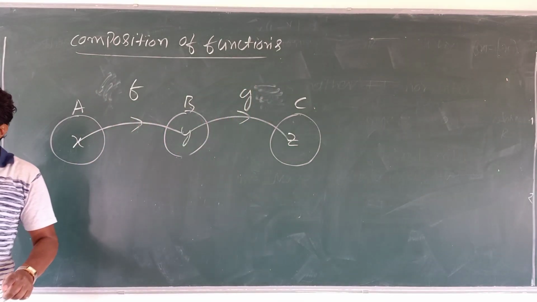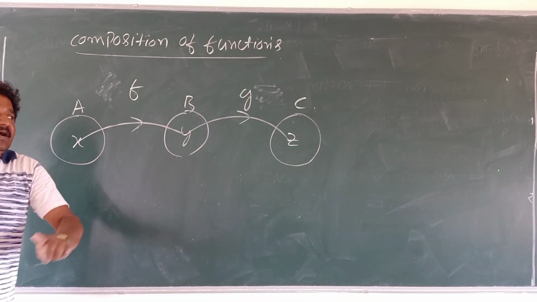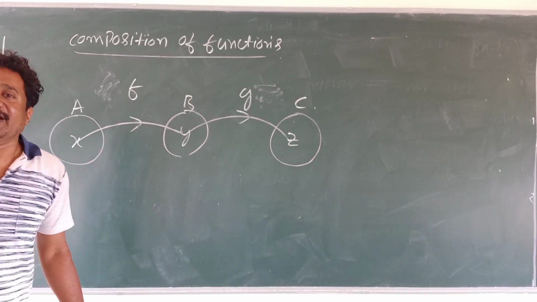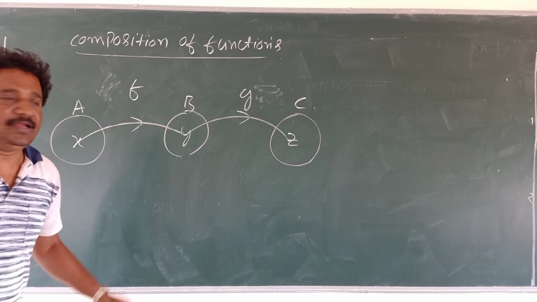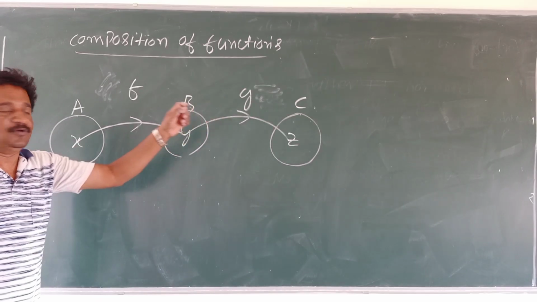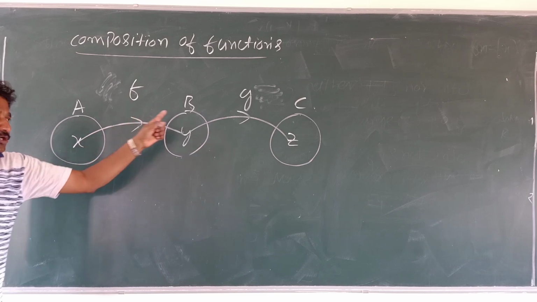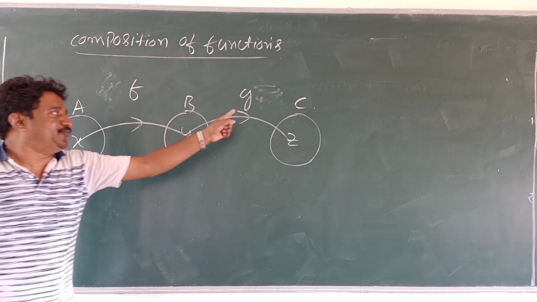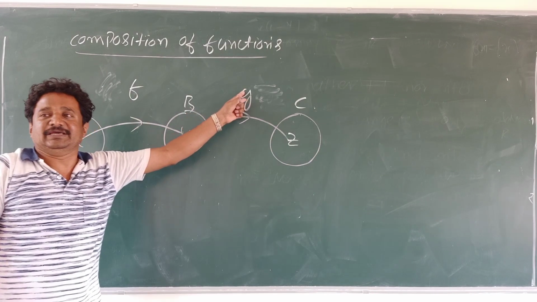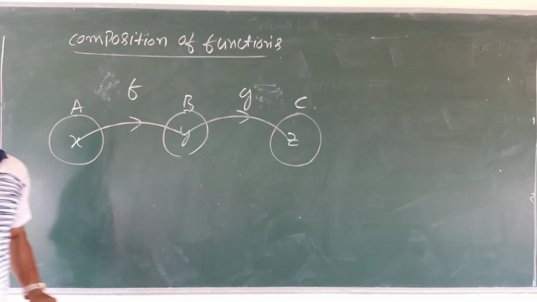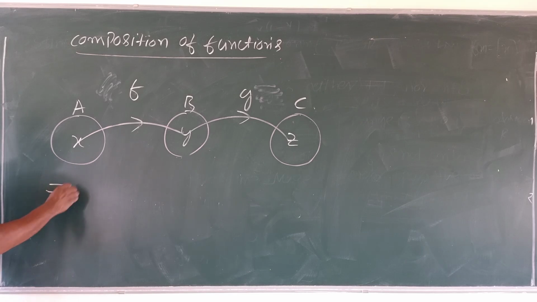How many functions are being combined here? Two. I am trying to combine two functions. One is F from set A into set B. One more function is G from set B into set C. Look at this, how I combine.